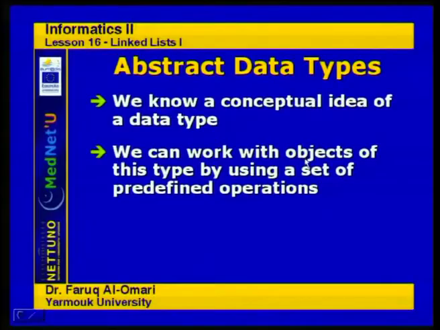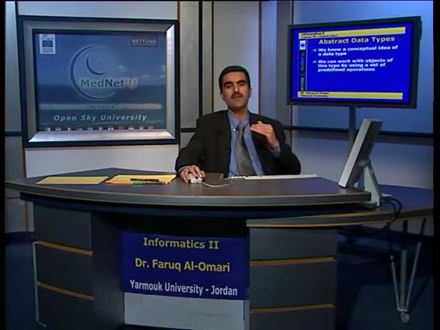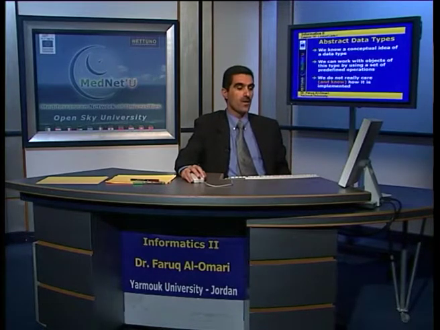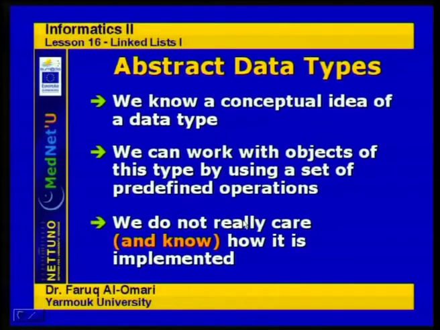So we can work with the objects of this type by using a set of predefined operations. This set of predefined operations is what we call the standard interface between these data types and the application or user program. We do not really care, and we don't necessarily know, what's exactly inside these objects down there and how they are implemented.